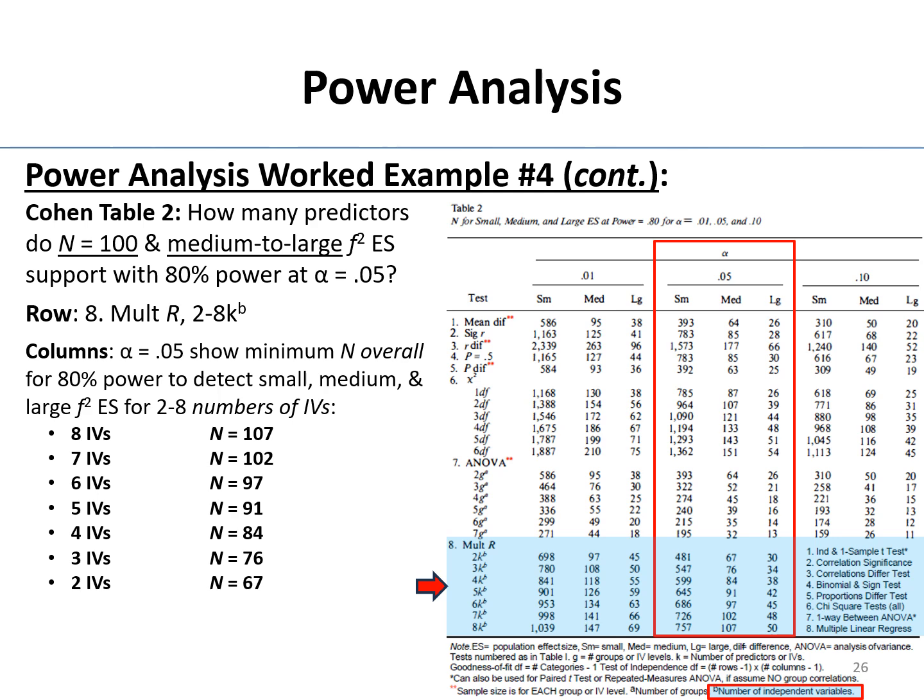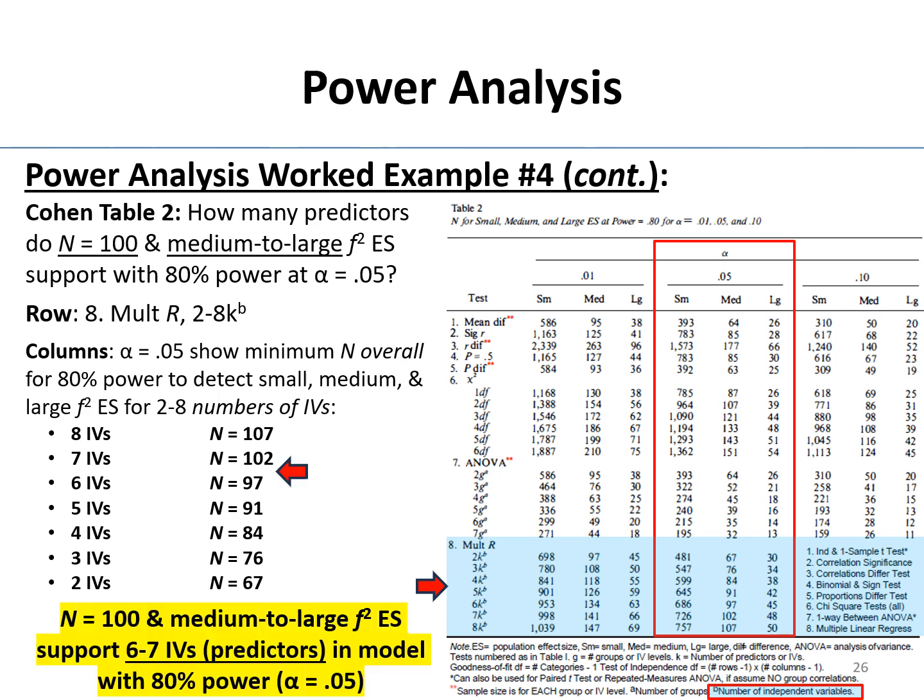So over there you can see the sample size required for this effect size for 2 to 8 predictors goes from 67 to 107. We have 100 participants, so we're right there between 6 to 7 independent variables. So what's the conclusion?